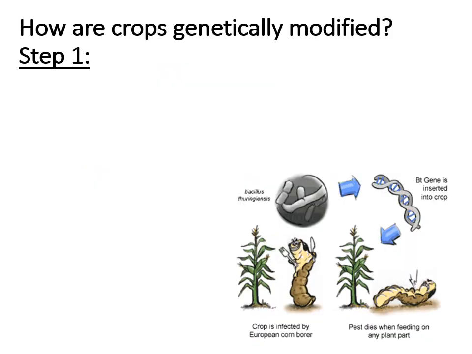Now, when we think about genetic modifications, there are 5 main steps that I want you to know for how we would genetically modify crops. The first step, if you're genetically modifying a crop, is to find a beneficial protein. Once you have determined what protein you want to use, then you can move forward.